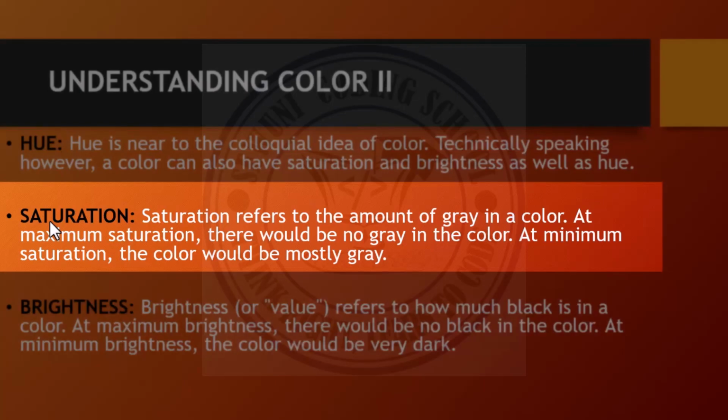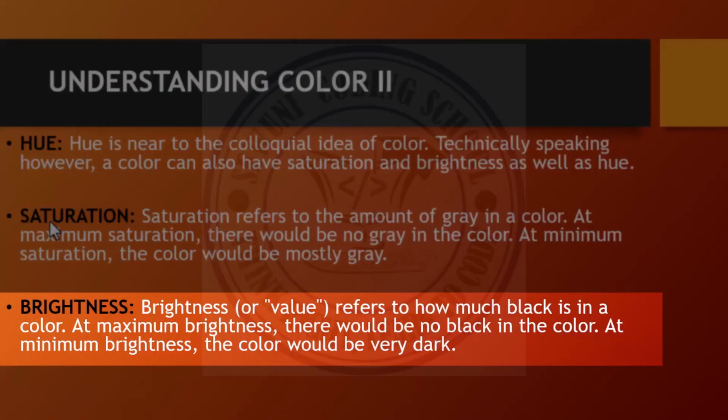At maximum saturation, there would be no gray in the color. That means the more the saturation, the lesser the gray in a color. At minimum saturation, the color will mostly be gray. If you want more gray in the color, we reduce the saturation. If we want less gray, we increase the saturation.